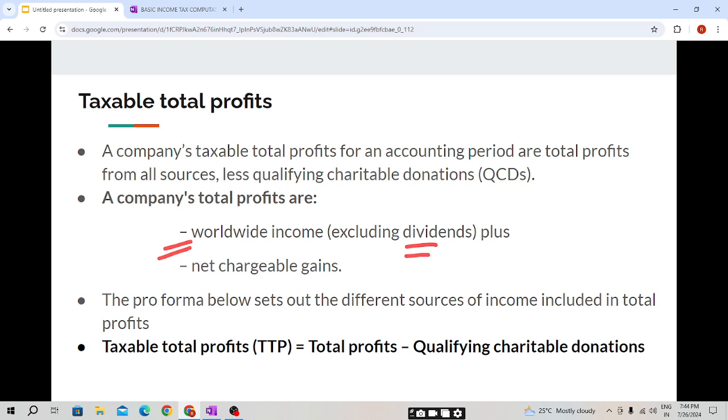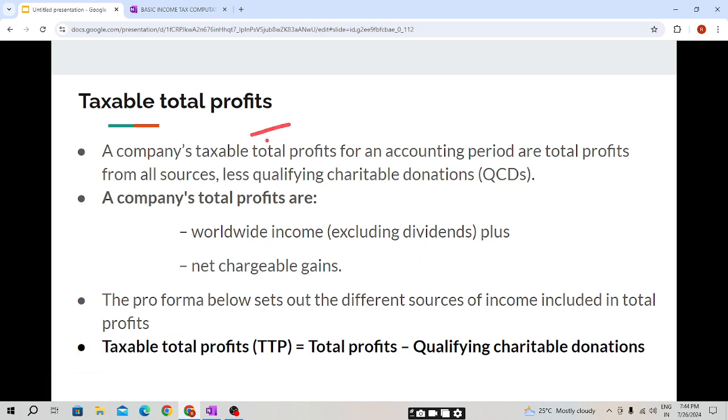In case of corporation tax, the income in the form of dividend for the company will be exempt. The dividend income will be exempt. No tax on dividend income. We'll be seeing further. The pro forma below sets out the different sources of income included in the total profits. Here we will be studying this.